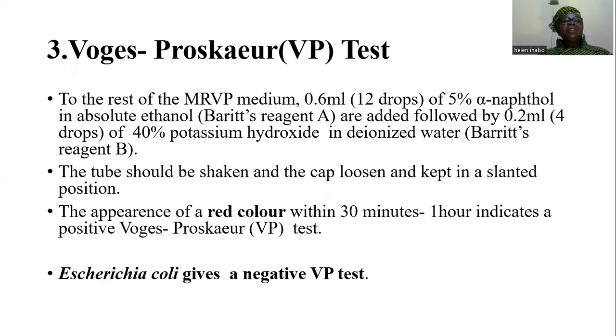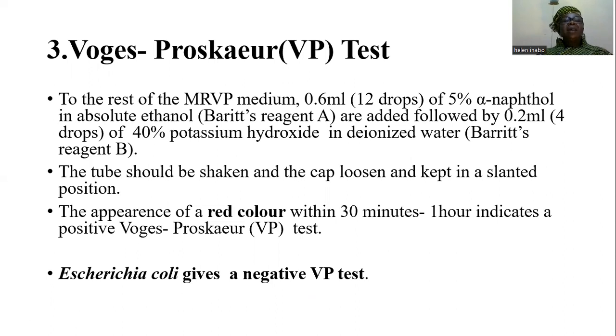The third in the series of tests for identification of Escherichia coli is the VP test.